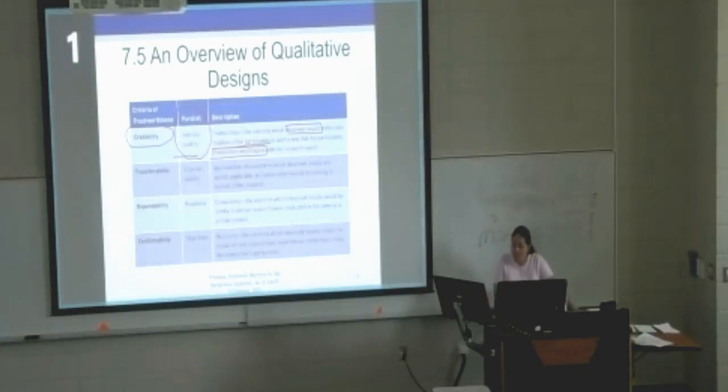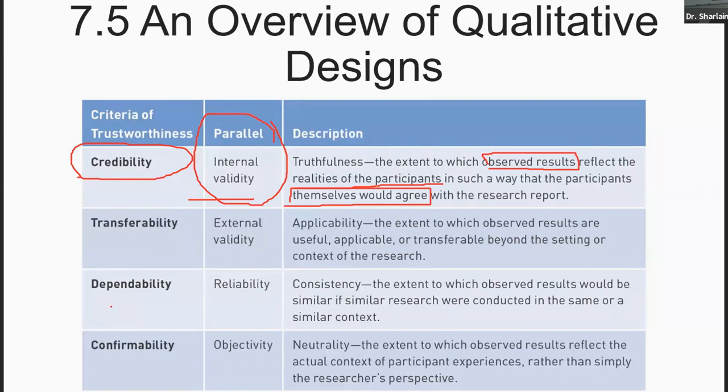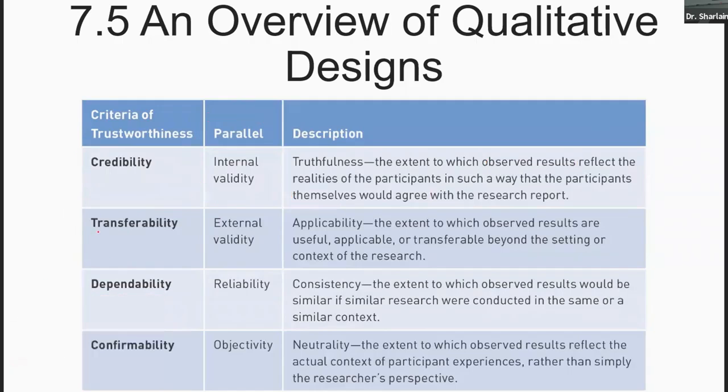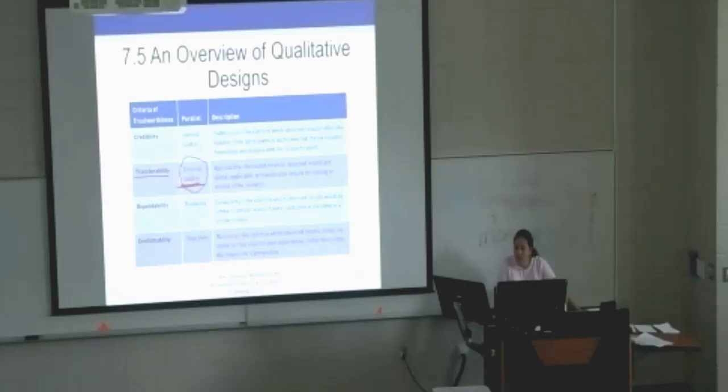Now, if we move to another characteristic, we are going to mention transferability. And this sounds an awful lot like the concept of external validity. If you remember, external validity is the validity that allows me to generalize the results to another population.